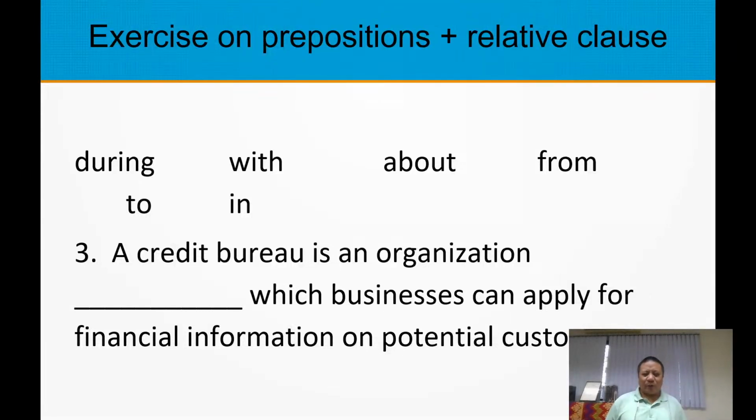So here's a clue, class. You apply blank a business. You apply from a business, you apply to a business, you apply in a business, you apply with a business, you apply about a business, you apply during a business.